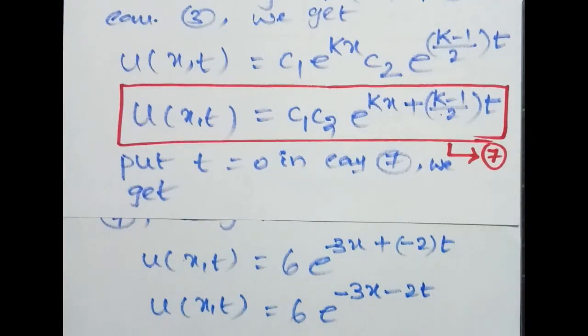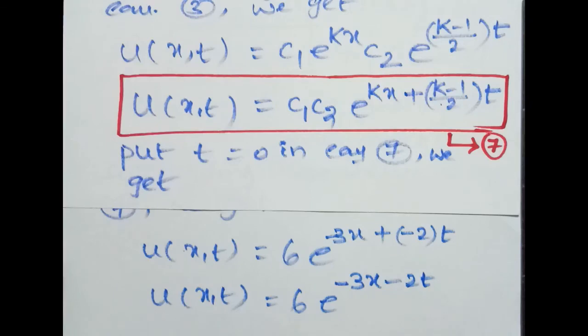This is our required solution for the given partial differential equation with the initial condition u of x comma 0 is equal to 6 into e to the power of minus 3x.